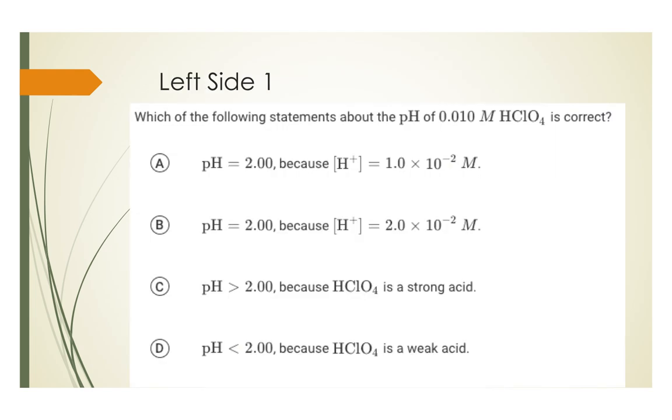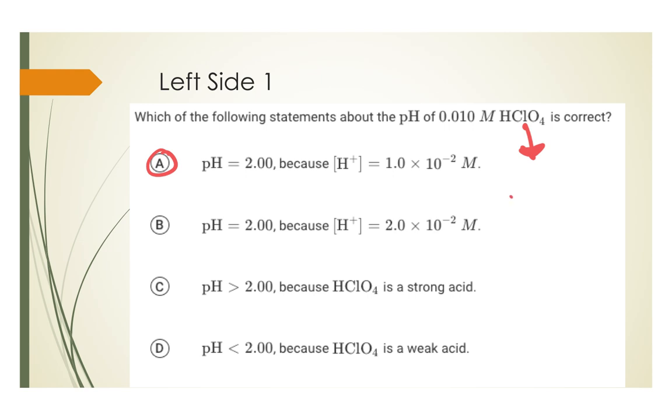Okay, so now that we understand a little bit more about the pH concept, we're going to go ahead and do some left sides. So here's the first one. Which of the following statements about the pH of 0.010 molar HClO4 is correct? Take a moment, come back. All right, so if you took a look at this, you should have answered A. HClO4 is a strong acid, so that means it's going to be fully dissociated.